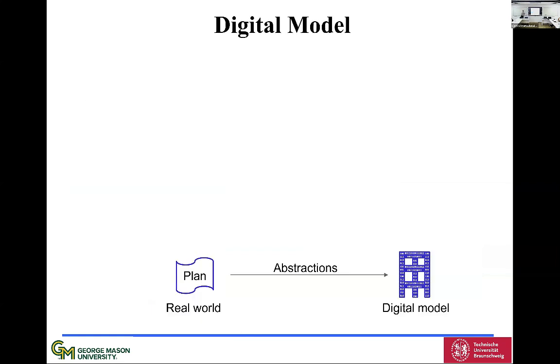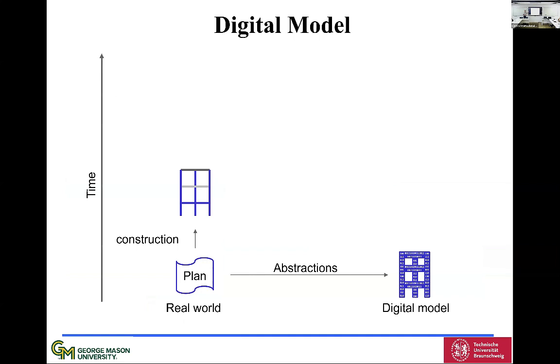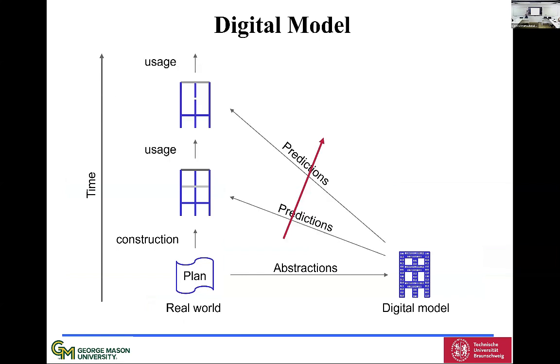So if you want to differentiate it from what we had so far, this is the digital model. This is the classic way that we have proceeded. We have the real world, and we make a digital model out of it. And now throughout the life cycle of the model, we can build it. Could be that whatever has been built has nothing to do with what we thought there. Very common. Okay, and then we use it. But throughout the life cycle, we don't update anything of the model.